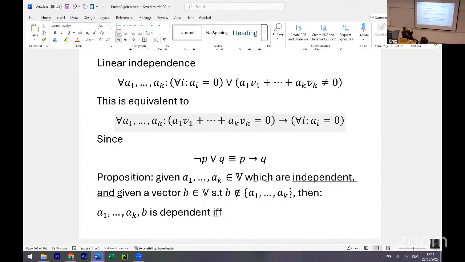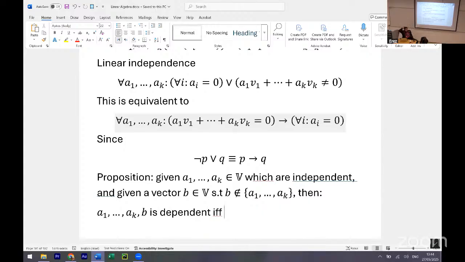And I added an extra vector B, and now suddenly it's dependent. Why? What would be the reason for that, in your opinion? We could make B out of the vectors. Yes, you're completely correct. We can create B using A1 to AK, that's the statement.